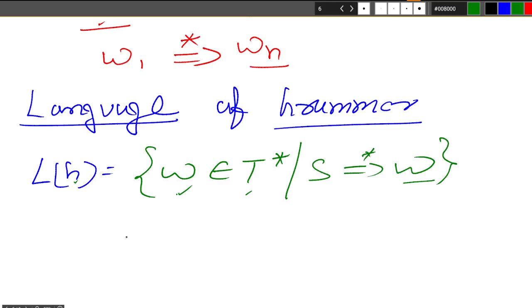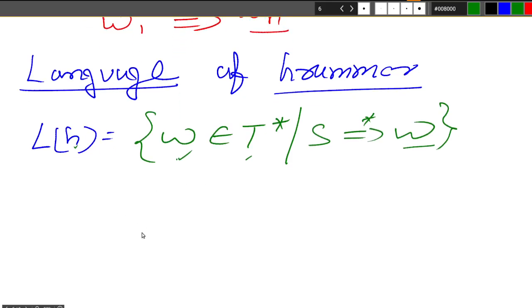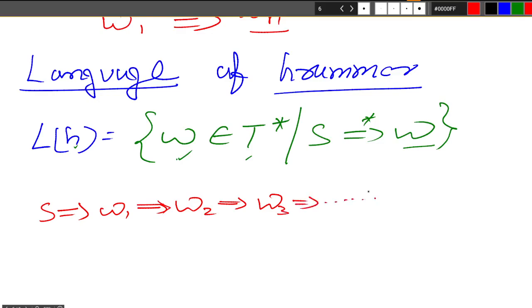So derivation of w, as you can see, you will start with S. With S you will get something like w1, you will replace some of the variables here, one by one, and you will get w2, you will replace another variable and get w3, and so on. In the last you will get w.